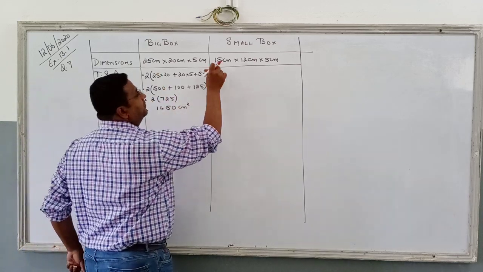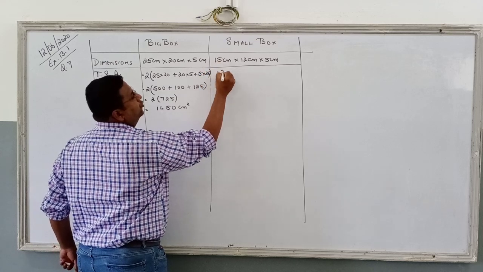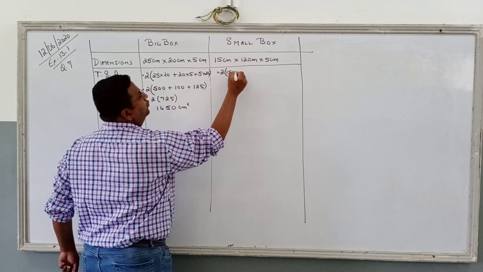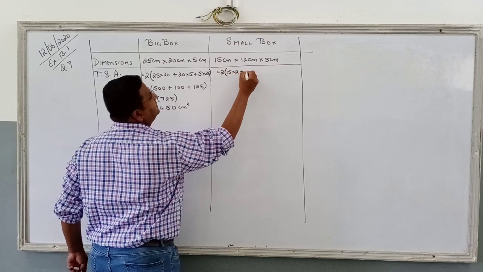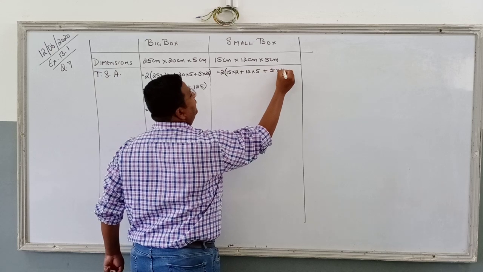Similarly, when we come down over here, 2 into (15 into 12, plus 12 into 5, plus 5 into 15).